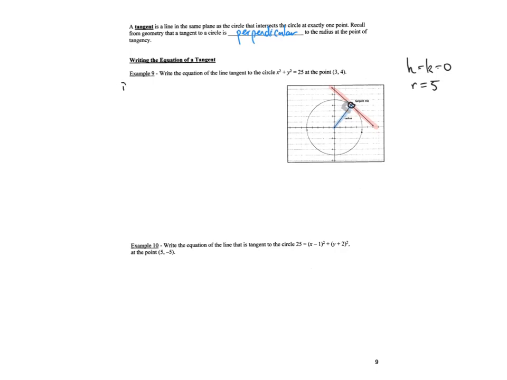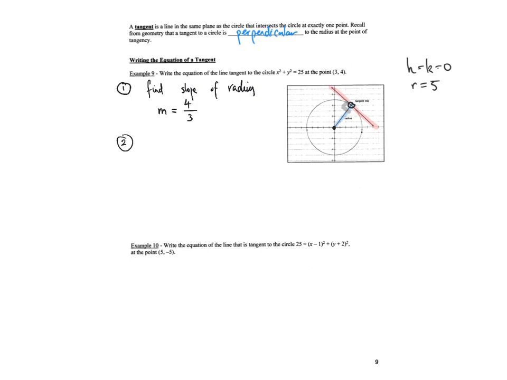Step 1 is going to be to find the slope of that radius line, right? Because that's our way into the problem. So since one end point is the origin, 0, 0, the other is 3, 4, we know slope is rise over run, so that will be 4 over 3 as our slope of the radius.